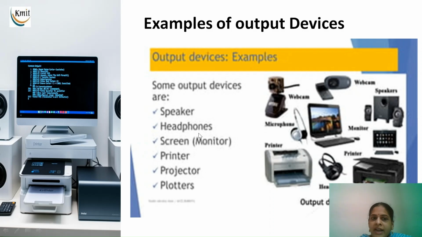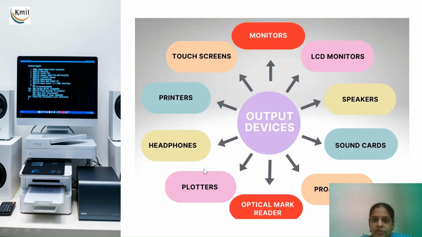These are the different types of output devices available in your computer. You can see in detail the different types of output devices: touch screens, monitors, speakers, projectors, sound cards, headphones. All these are some of the output devices available.